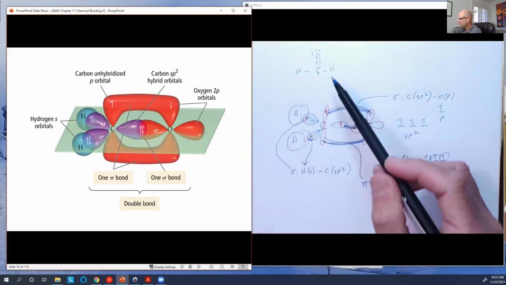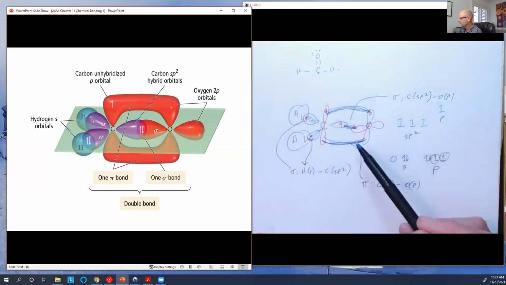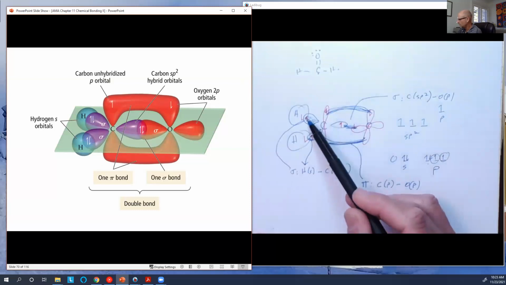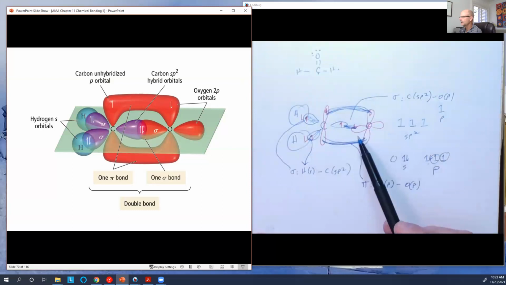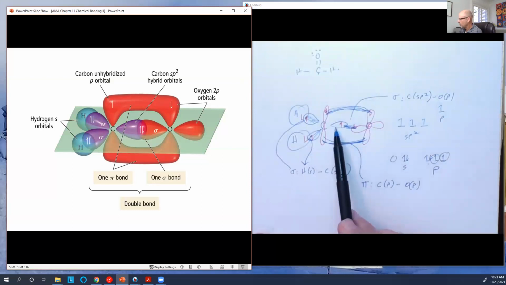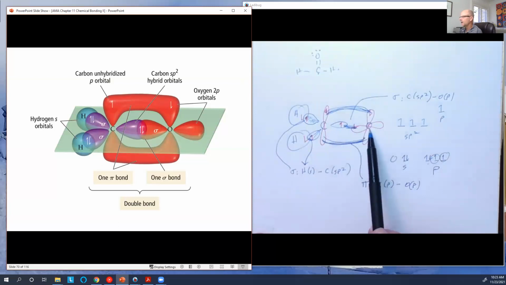Here's the Lewis model. Here's the valence bond model. In the valence bond model, you see that all the bonds are overlap between half-filled orbitals. The half-filled orbitals could be the standard p orbitals like they are here in oxygen, or they could be hybridized orbitals like they are in carbon.